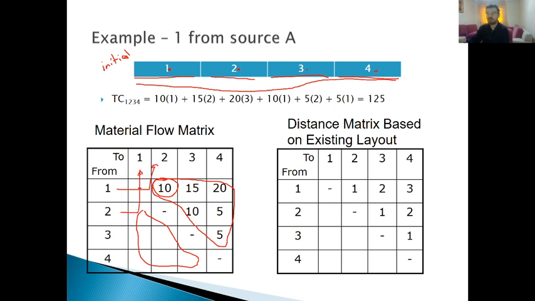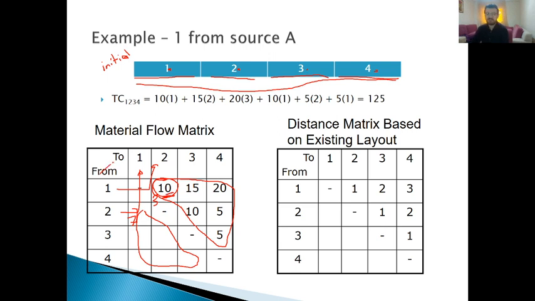Okay, for simplicity, I accumulated these two flows in one cell, which is 10. So maybe from 2 to 1 we had 7 trips, 1 to 2 3 trips, but when I accumulated them, 10 trips occur between 1 and 2.